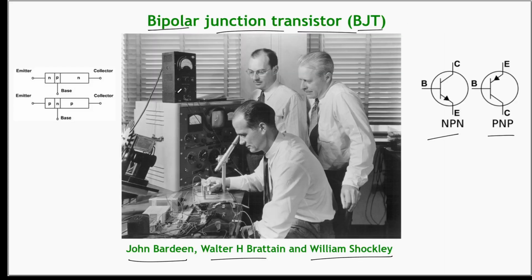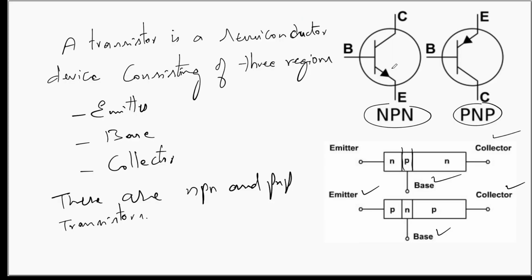In this video, we have seen the bipolar junction transistor, the BJT. The BJT was invented by John Bardeen, Walter Brattain, and William Shockley. These three gentlemen developed the BJT or the transistor. In a circuit, the transistor is represented using this symbol. There are two types of transistors, NPN transistor and PNP transistor.